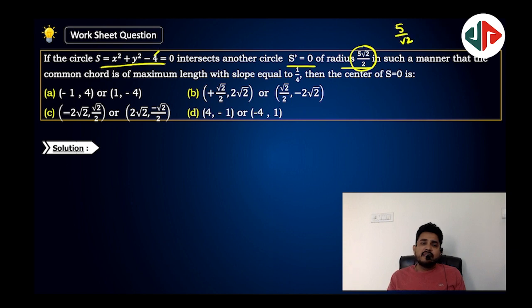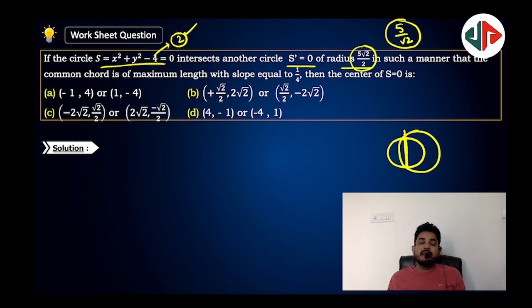What is the radius of this circle? 2 units. So this value is bigger than this one. So when two circles are intersecting, the maximum chord will be the diameter of the minimum circle. So the radical axis should be the diameter of this circle.